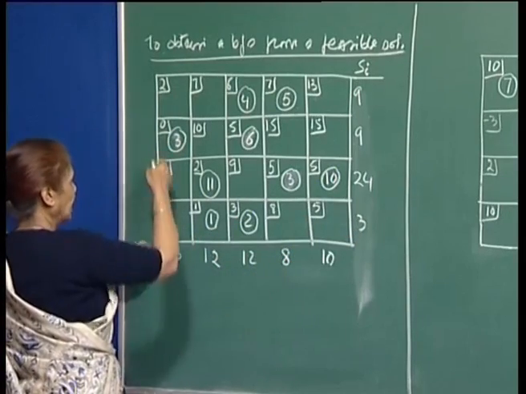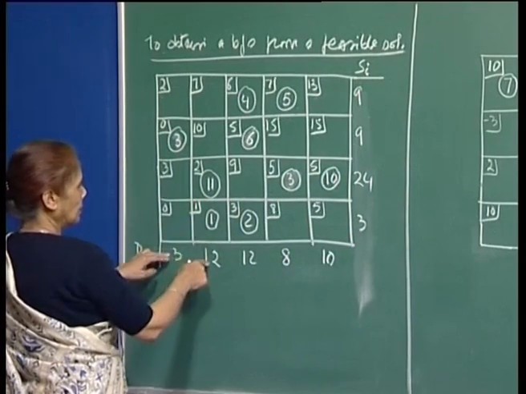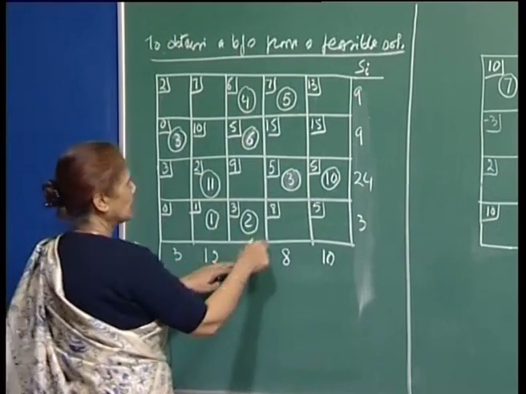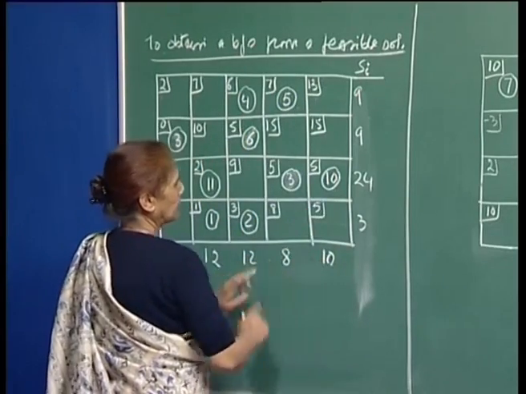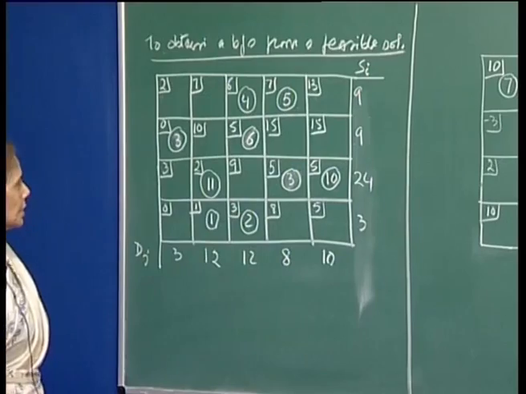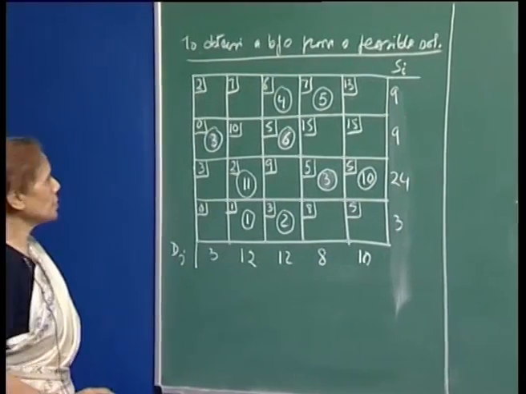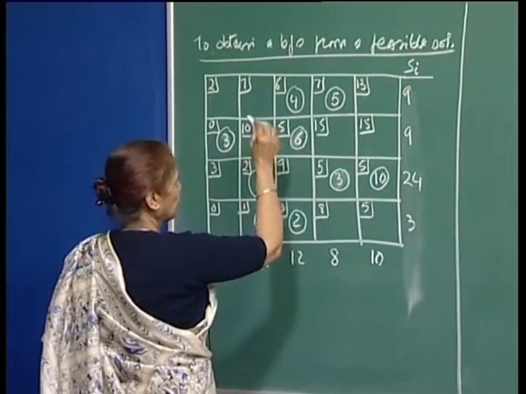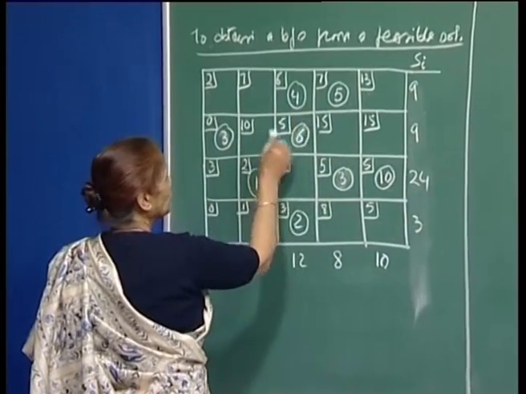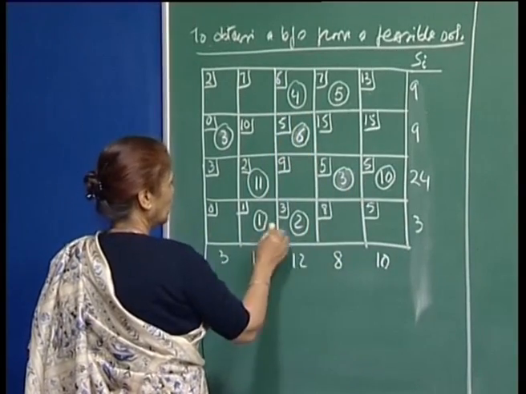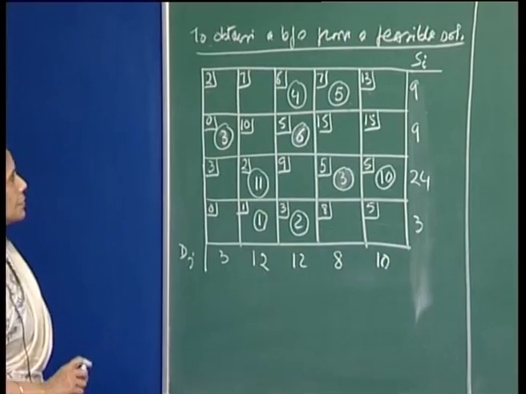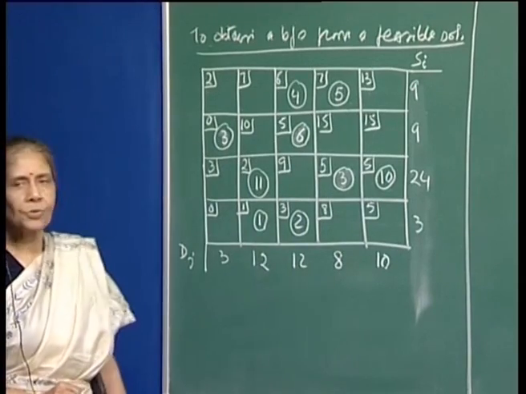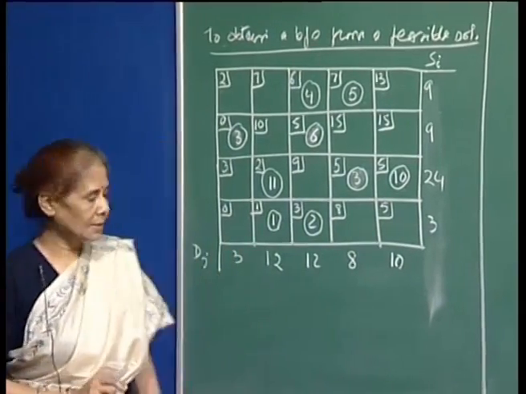Similarly, all the demand constraints are satisfied, 3, 12, 12, 8, and then 10, right. So, this is a feasible solution, but it is not a basic feasible solution, because how many positive variables, 2, 4, 7 and 2, 9, whereas a basic feasible solution should have 8 basic cells, right.